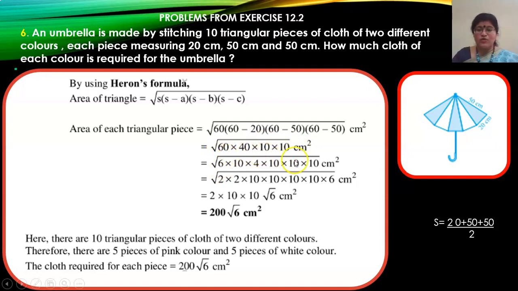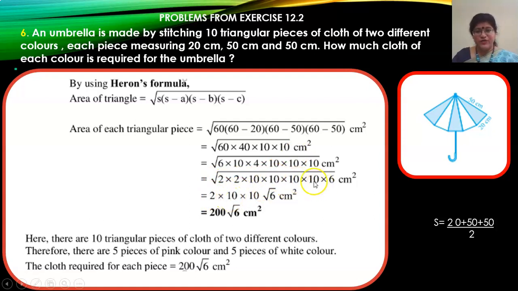You have seen how to solve this. I have mentioned this time and again. Do not multiply all the numbers, calculating becomes a little difficult, so you're going to split it up. So 60 is split up as 6 into 10, 40 as 4 into 10, and these two 10s are written as they are. You take out the square root. So root 2 into root 2 is 2, and root 10 into root 10 is 10.